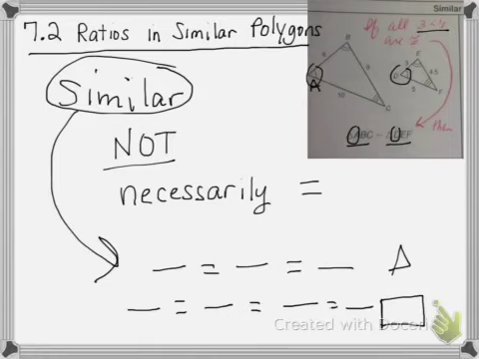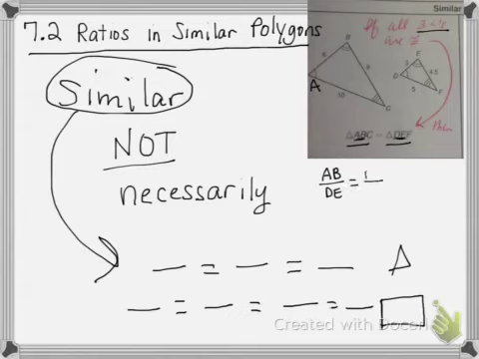So when you're writing your ratios, let's practice writing our ratios for this one. So the ratios for this one are going to be side AB over side DE equal to, so I just did the first 2, right?